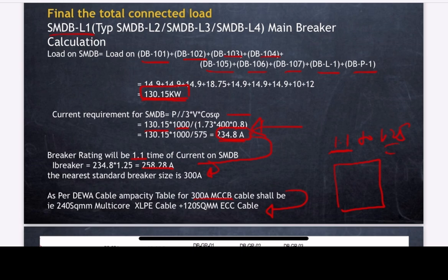As this topic is not that topic, I will not cover all these points which I already discussed in one of my videos, that is how to do the cable size calculation based on a particular load. Here I will refer to a DEWA regulation which gives the relation between the breaker rating and the cable size. I will refer to it, and based on that I will write the cable size.